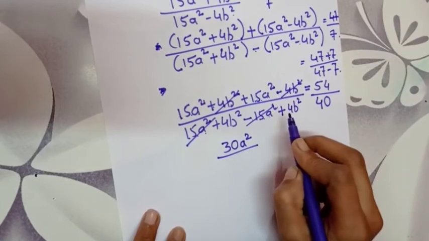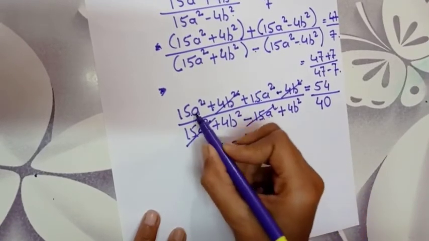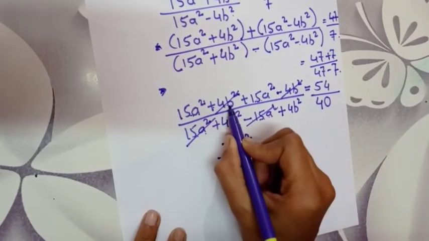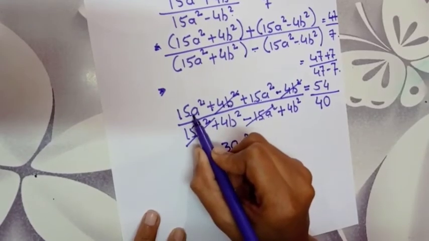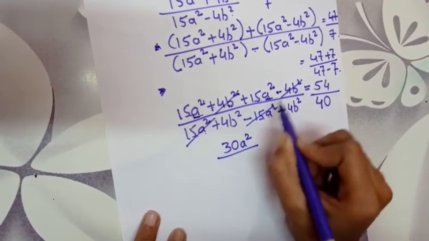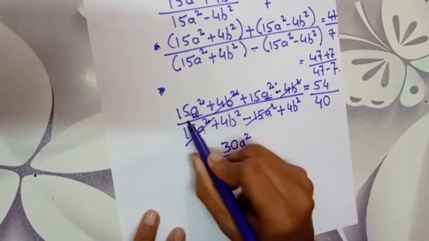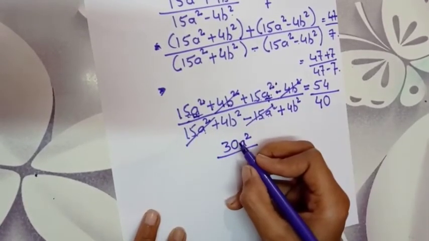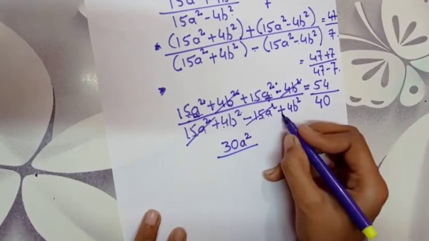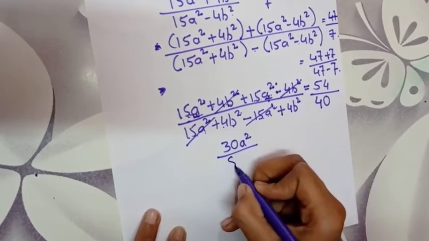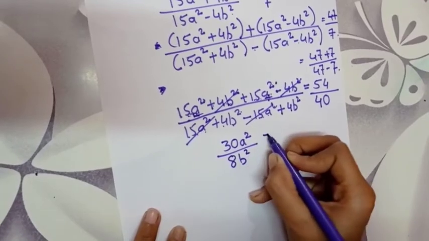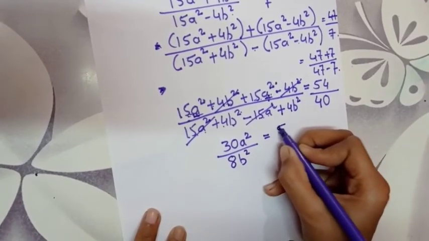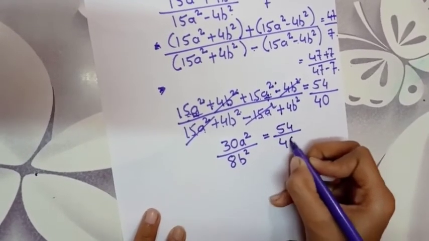In this way we have to remember, we can't add a square and b square terms. Here the terms are the same, a square, therefore we have added these two terms. Now 4b square plus 4b square will be 8b square, which will be equal to 54 by 40.